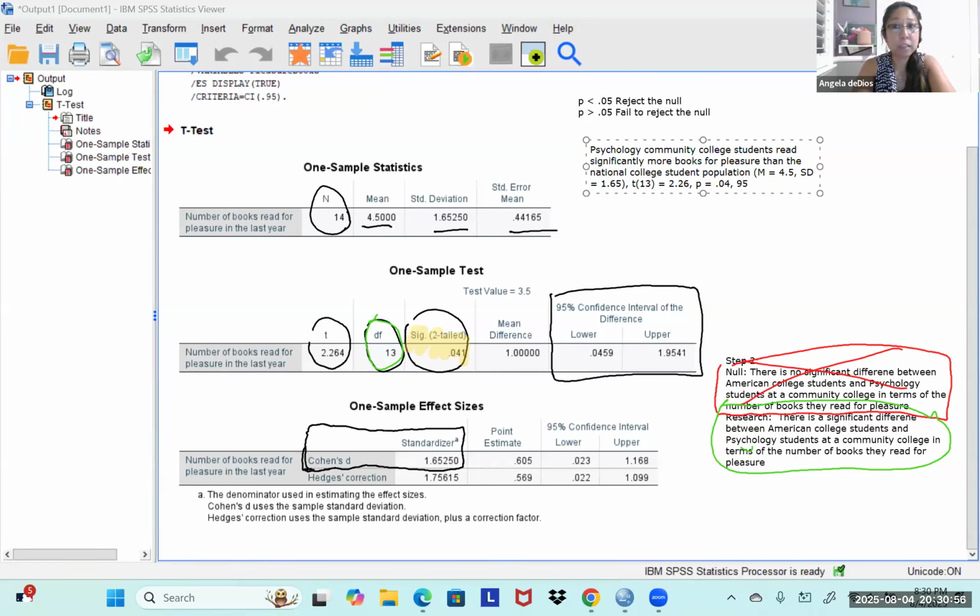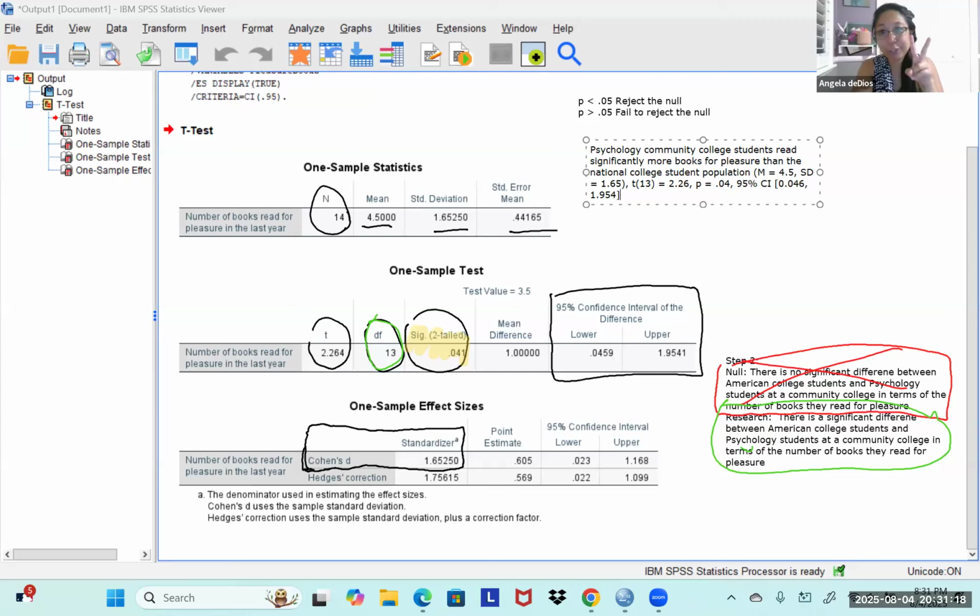Now I can do my 95% confidence interval. I've got my brackets here, so I've got 0.046, comma, 1.954. For confidence intervals, we usually go to 3 decimal places.